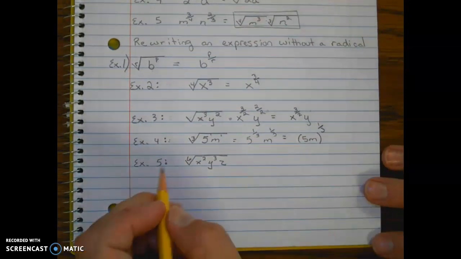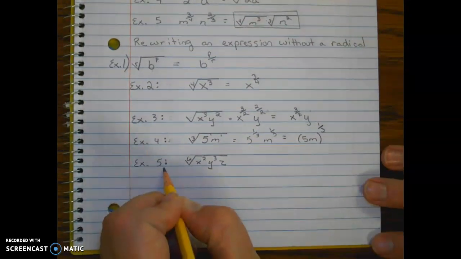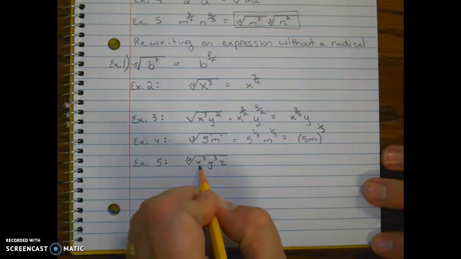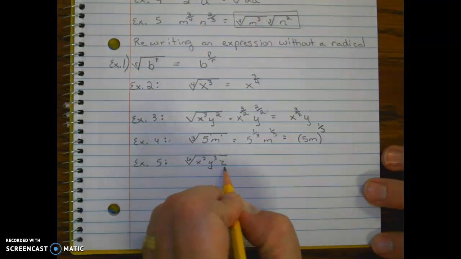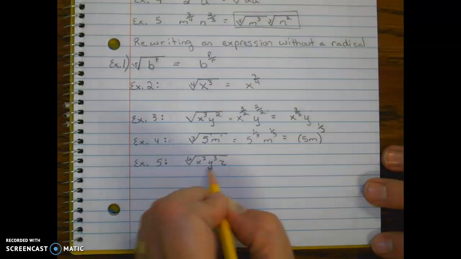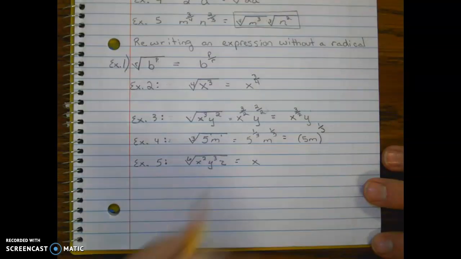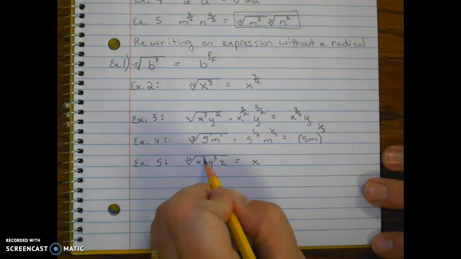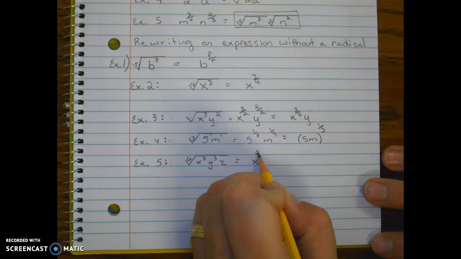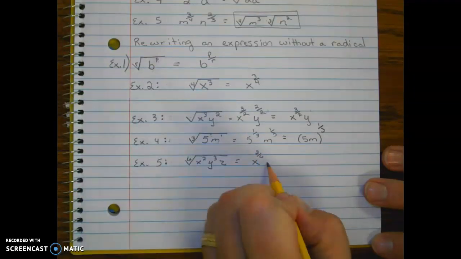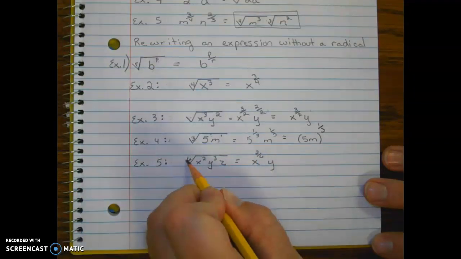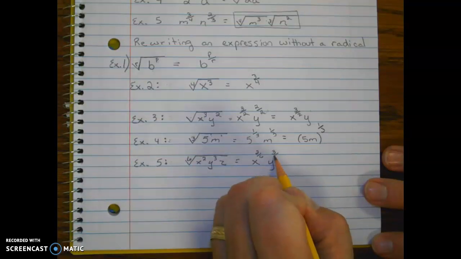Okay, let's look at another example. Example 5. Remember, take each thing, each letter, each number, anything in here separately. Starting with the x, power root, 2 over 6. Y, 3 over 6.